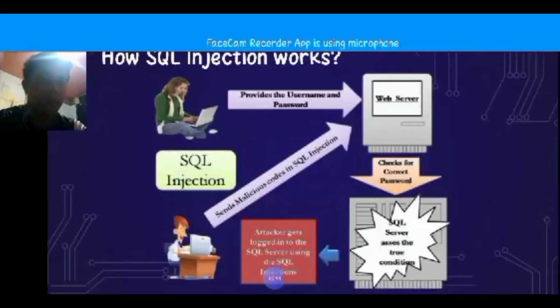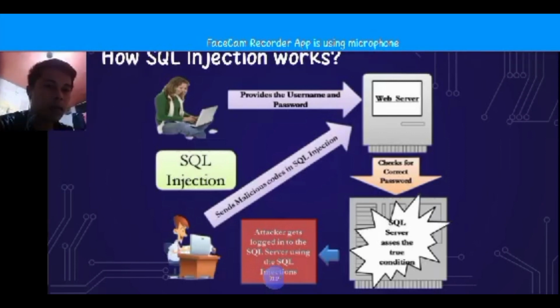So how does SQL injection work? First, a user provides the username and password, and on the other hand, an attacker sends malicious SQL injection code to the web server, wherein the provided password and username is located.